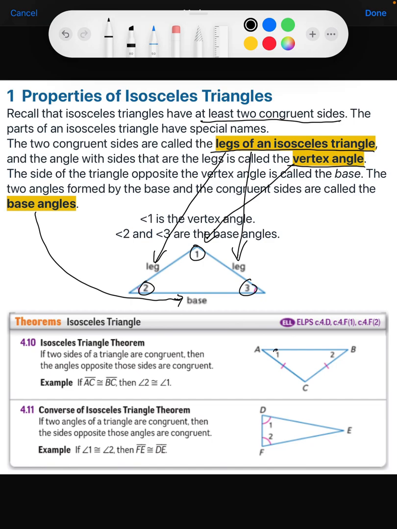So we could say if we know that AC equals BC, then angle 1 is going to equal angle 2. Conversely, if two angles of the triangle are congruent, so if 1 and 2 are congruent, then we can say that the corresponding sides, the sides opposite those angles, are congruent or equal as well.